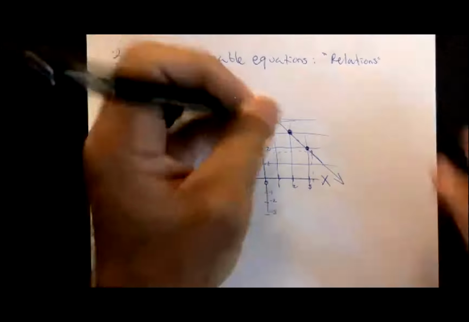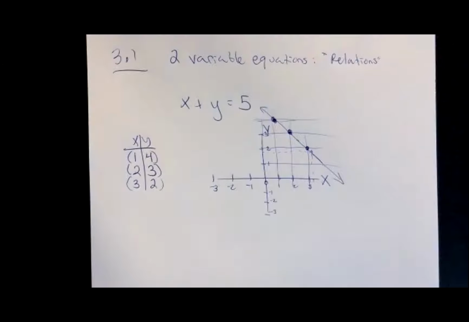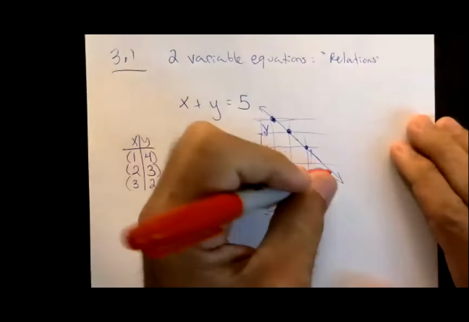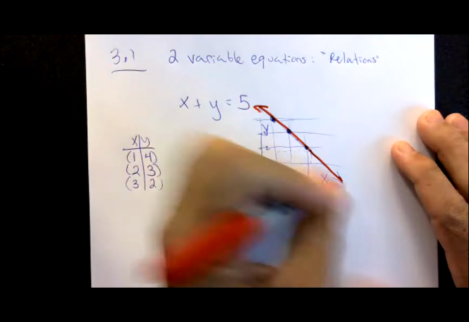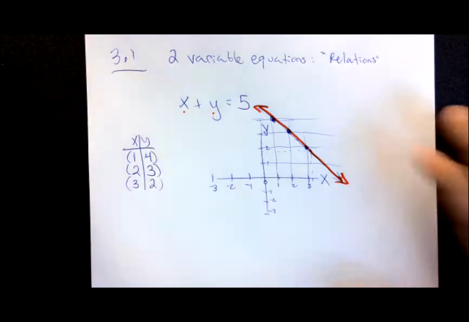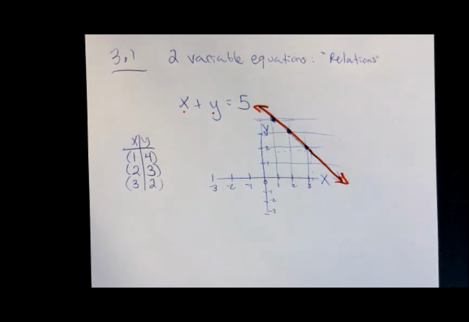But anyway, all that to say that this line represents all of the valid X and Y coordinates that work for this specific equation. And as the equation changes, the direction of your line would change, and so on and so forth.